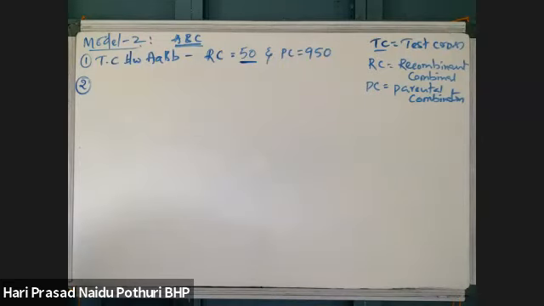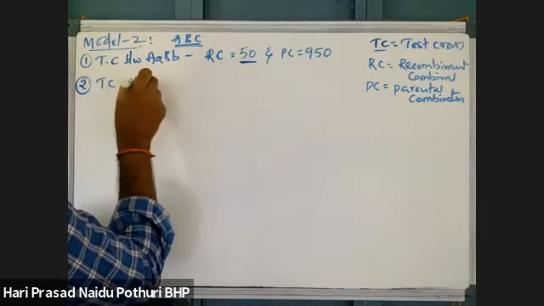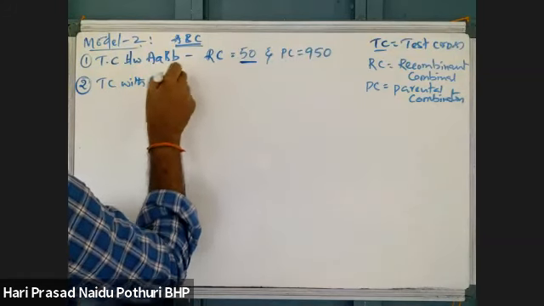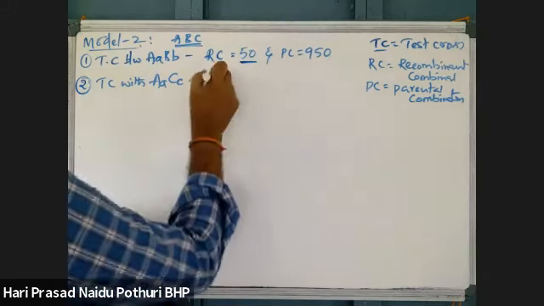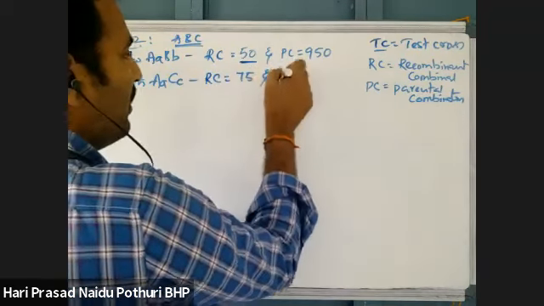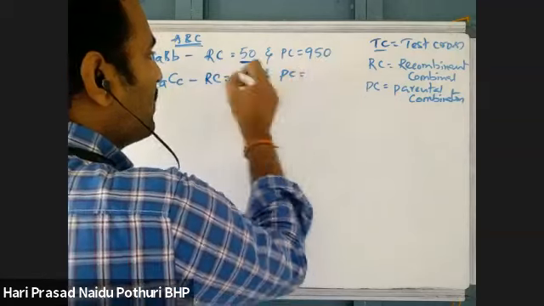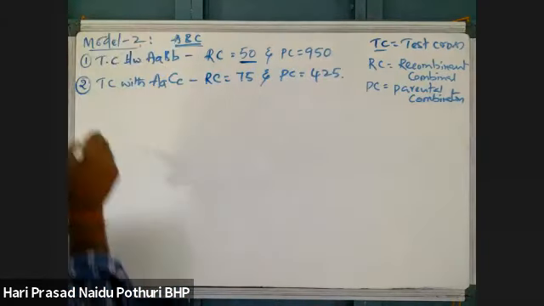To find the distances of genes A, B, C, then a test cross with capital A small a, capital C small c he conducted. When he conducted that, recombinants produced were 75 and parental combinations 425.